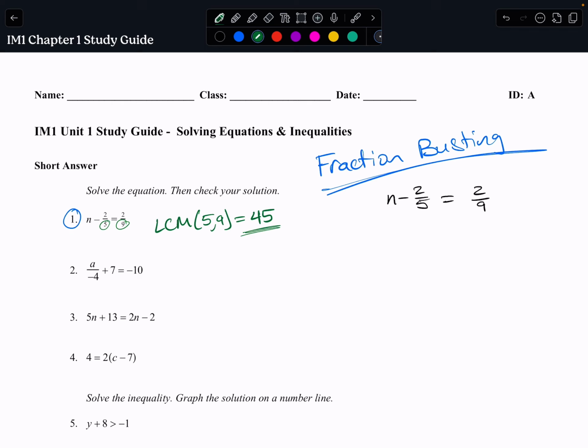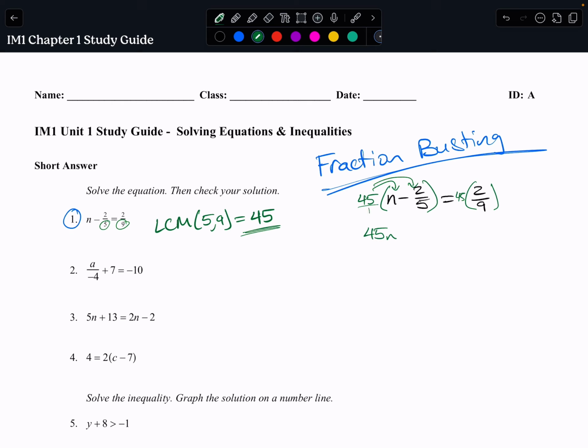And what we're going to do is we're going to multiply the left side of the equation by 45, and we can only do that if we multiply the right side of the equation by 45 as well. Now, when you multiply the left side of the equation, since there were two terms, we need to distribute that 45. 45 times n is 45n, and 45, remember that's 45/1.